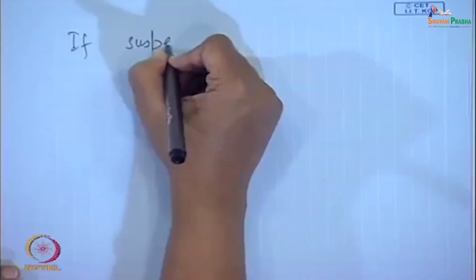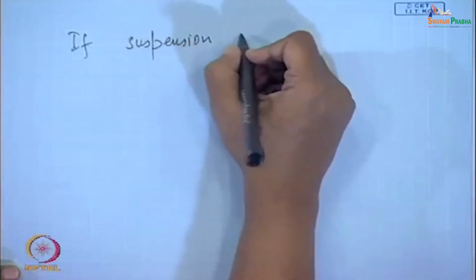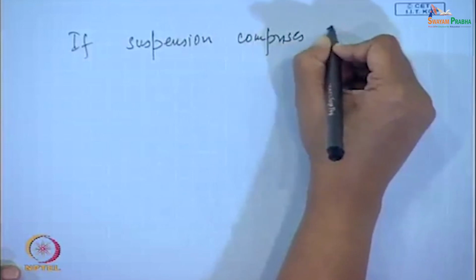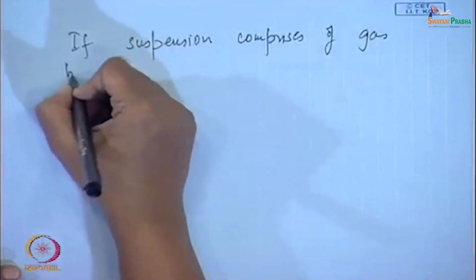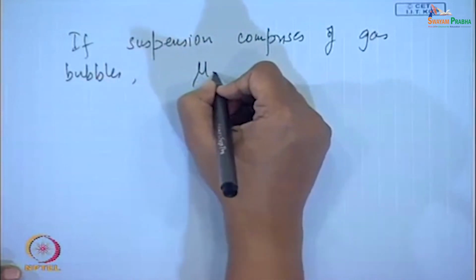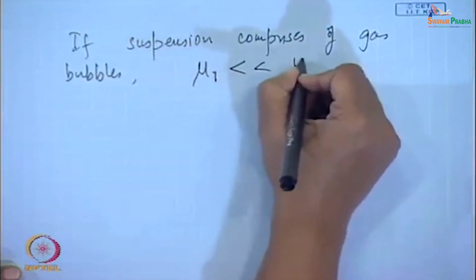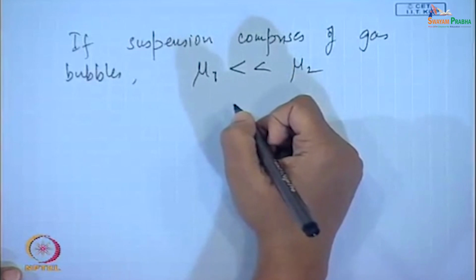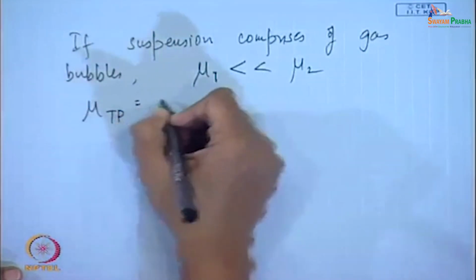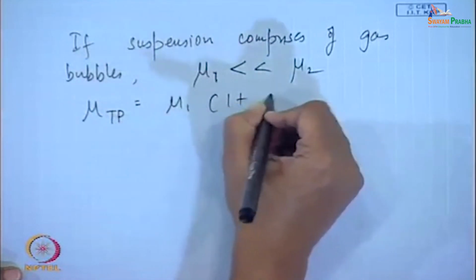If the suspension comprises of gas bubbles, under such a circumstance your mu 1 is much greater than mu 2. So, under this circumstance again if you derive it, you get mu Tp equal to mu 1 into (1 plus alpha).